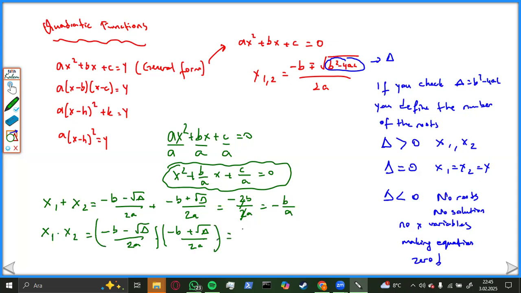You can also show it as minus b squared, as you remember, minus the discriminant, like this. So after calculation, separation and simplification, you are going to see that c over a is the product.